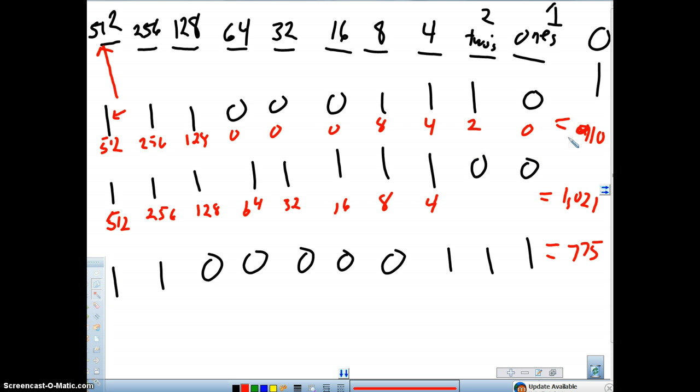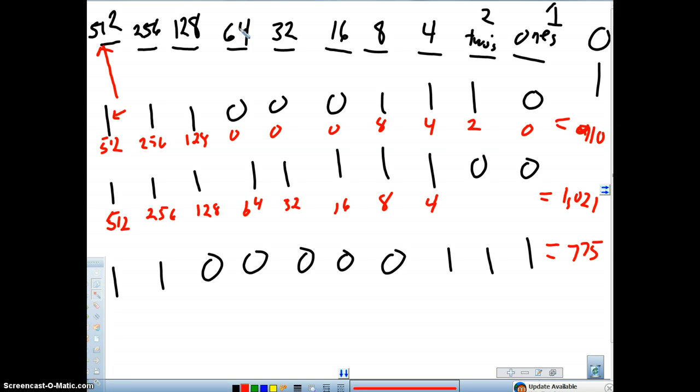Now, you see what we're doing? All we're doing is we're taking this 1, or 0, and multiplying it by the number in the column. So every column has only 2 possible results. So 256, Jaquil, could either be 256 or what? Or 0.